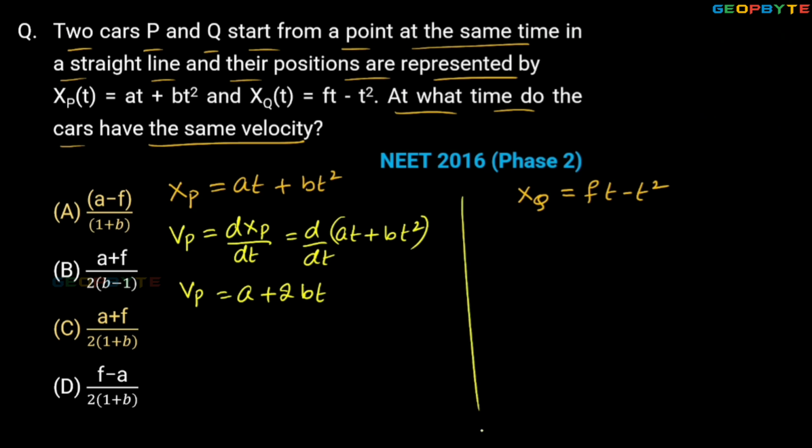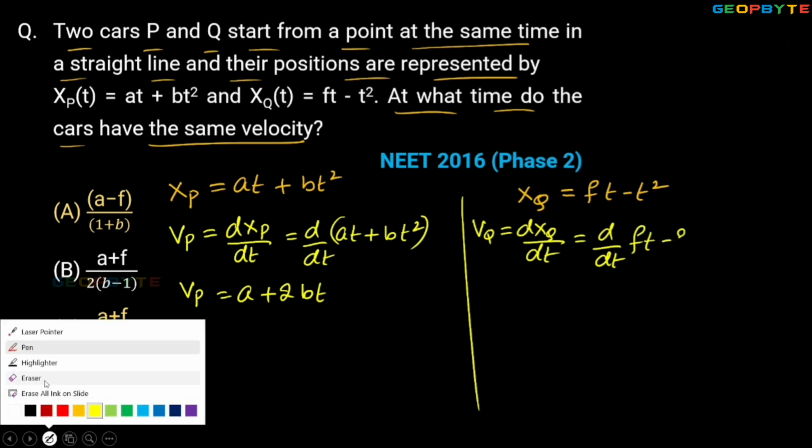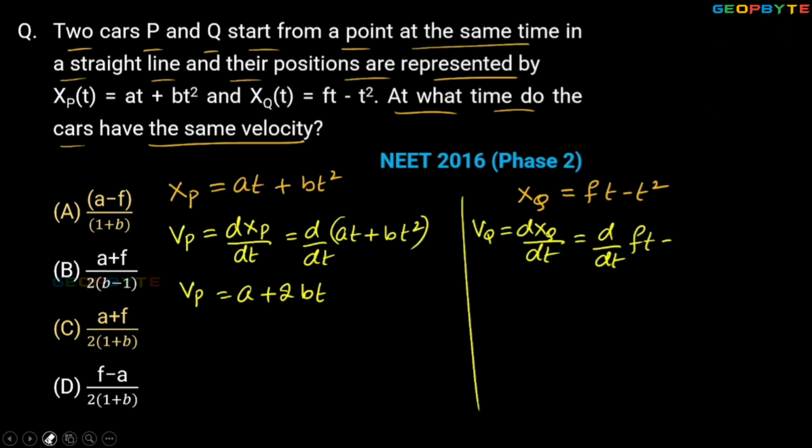Similarly, velocity of car Q equal to dxq by dt equal to d by dt of ft minus t square.